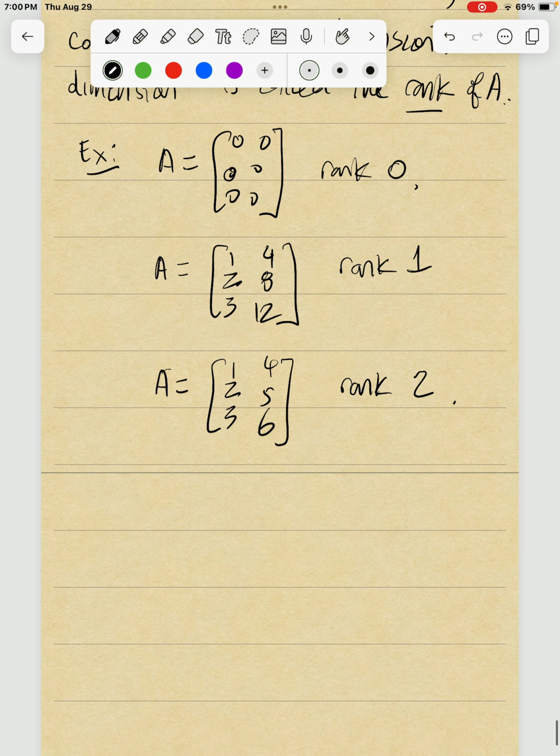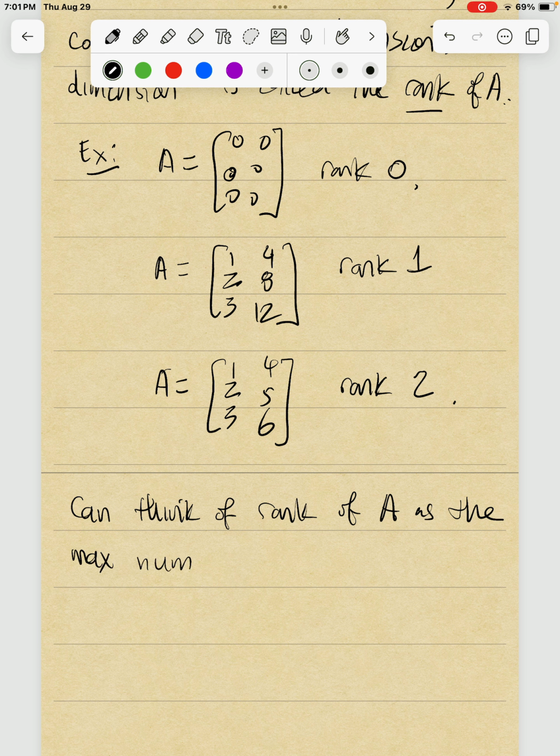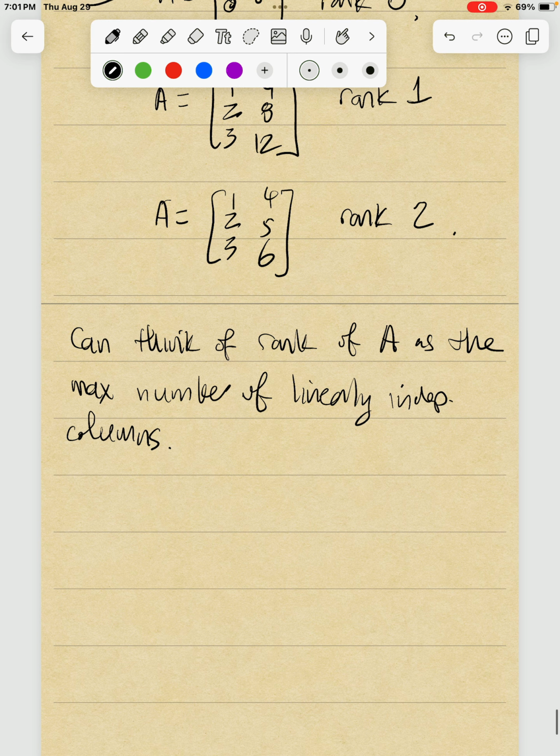Okay, and in general, the rank is going to be the maximum number of linearly independent columns you have. So you can think of the rank of A as the maximum number of linearly independent columns, because those linearly independent columns are going to span the column space, and therefore it will be a basis.